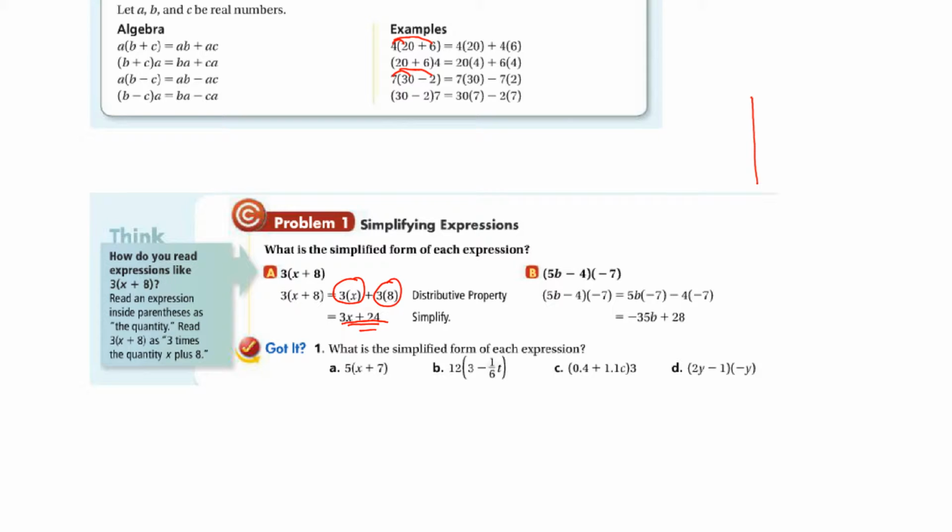In example B, we take the negative 7 and multiply it by 5b minus the negative 7 multiplied by 4. And that gives us negative 35b plus 28. Now I would like for you to try examples 1a, b, c, and d.